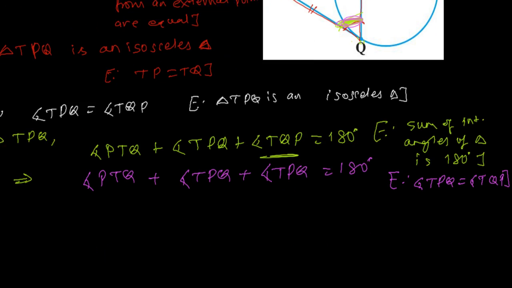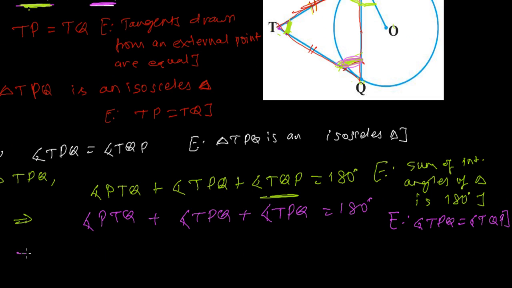Further, now you can write angle PTQ equals 180 degree minus, and the two TPQ both will go on the other side, so it will be twice of TPQ equals 180 degree.